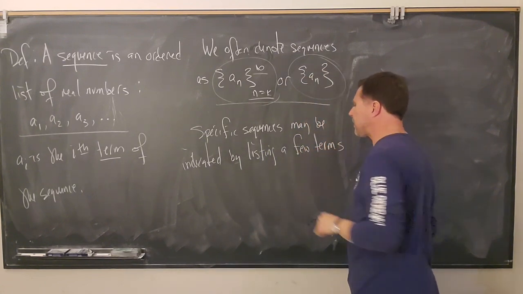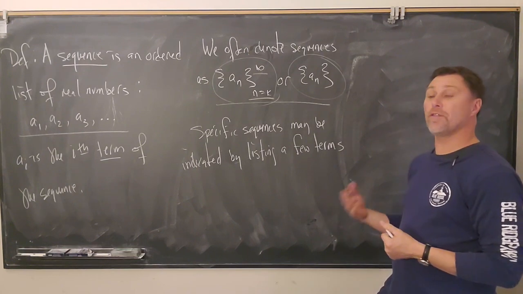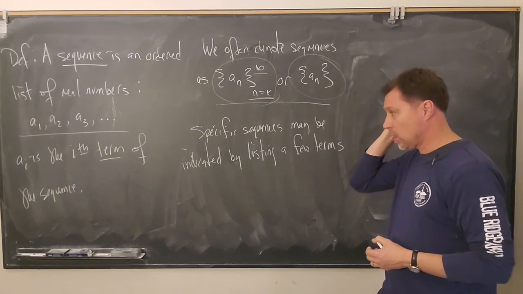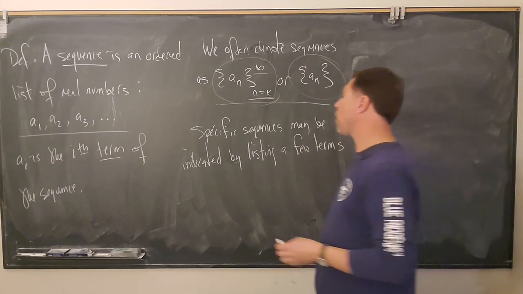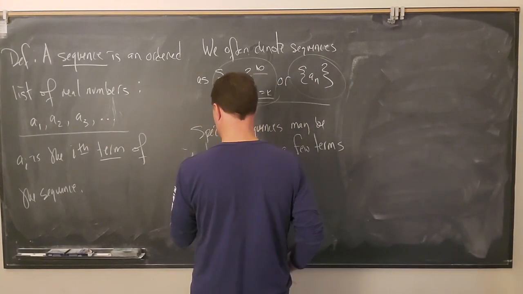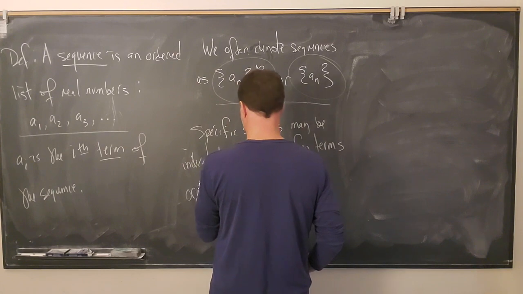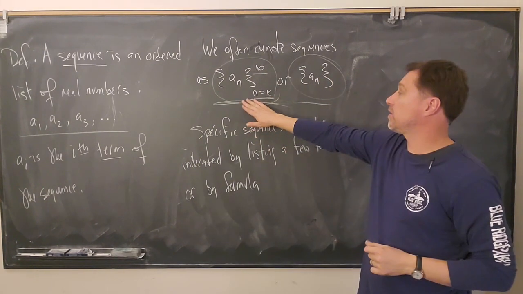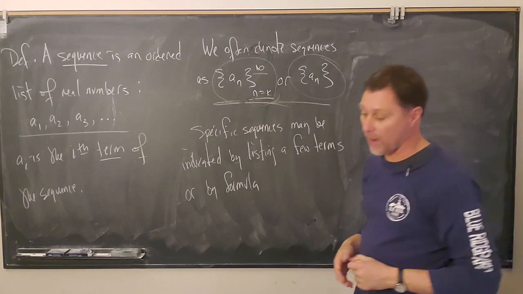Typically, I would list enough terms so that everybody can see what the pattern is, so they can figure out the rest of the terms. So indicated by listing a few terms, or by formula. That's the situation where I often will use the curly bracket notation.